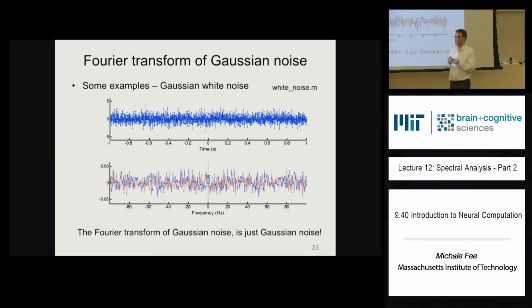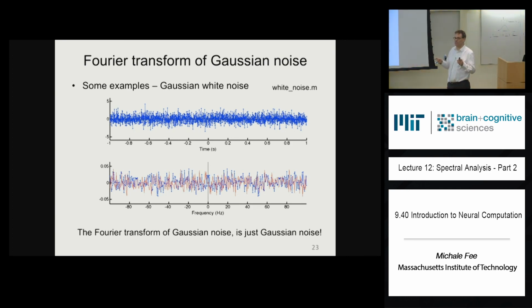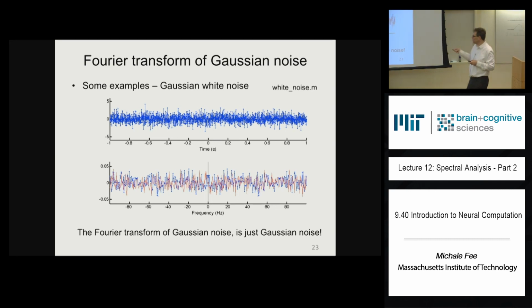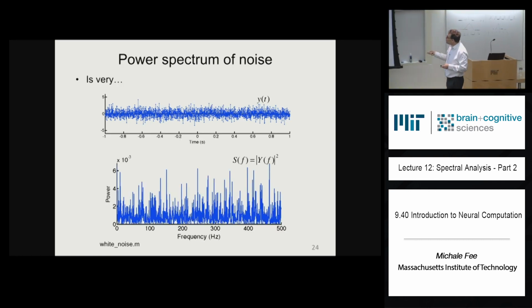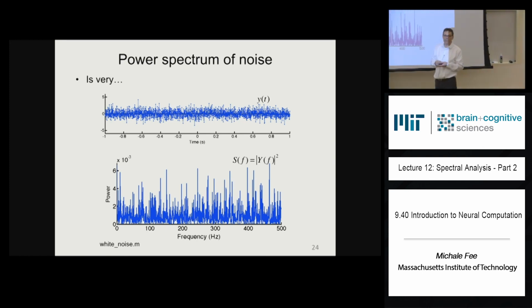So it turns out that the Fourier transform in the positive frequencies is just the complex conjugate of the Fourier transform in the negative frequencies. So the square magnitude is identical. Okay, so the power spectrum on this side is equal to the power spectrum on that side. So we just plot half of it. Okay, so that's what the power spectrum of this particular piece of signal looks like.